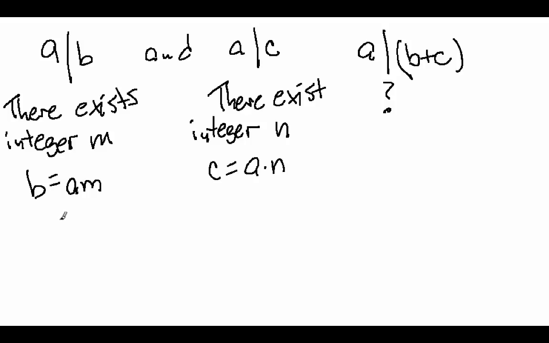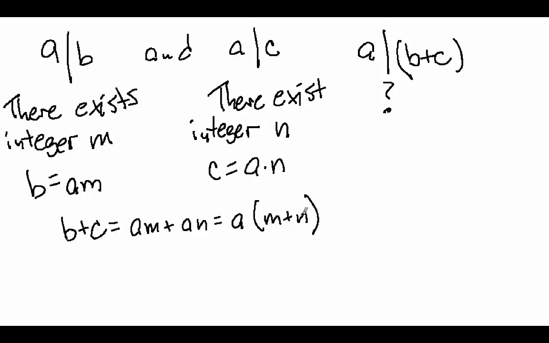I notice that b plus c is equal to am plus an, which is equal to a times (m plus n). And I notice the following, that if m is an integer and n is an integer, then m plus n is an integer. So notice what I'm saying here. I'm saying that b plus c is equal to an integer times an integer. Okay? So the question over here, this question mark here, becomes yes.